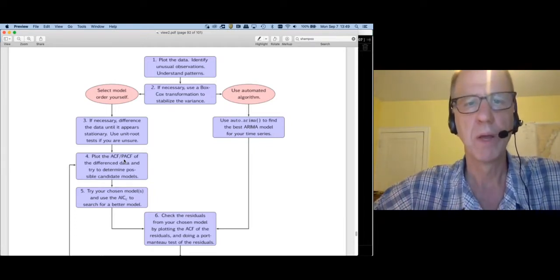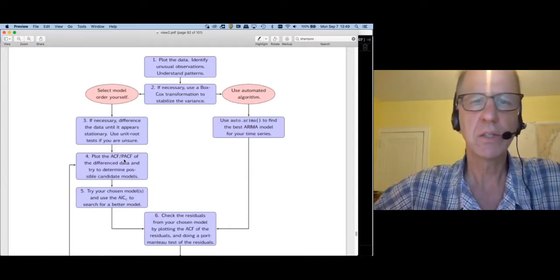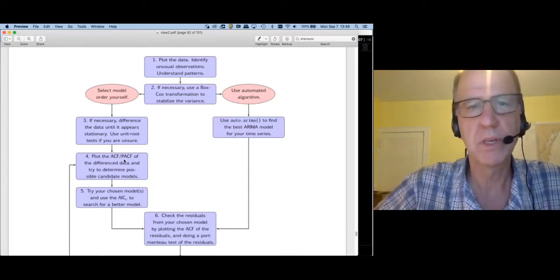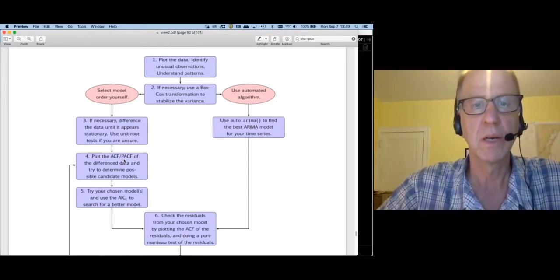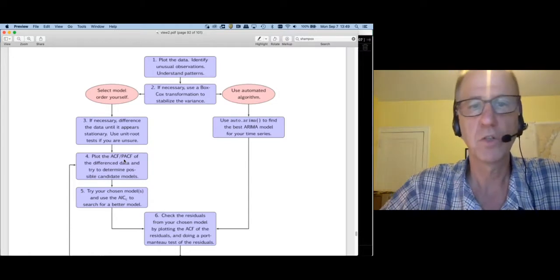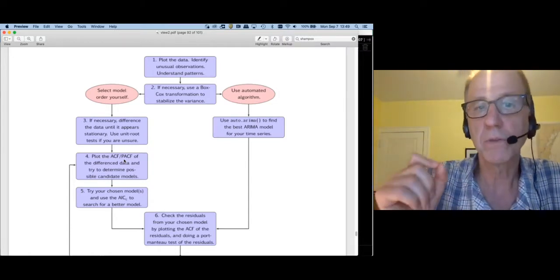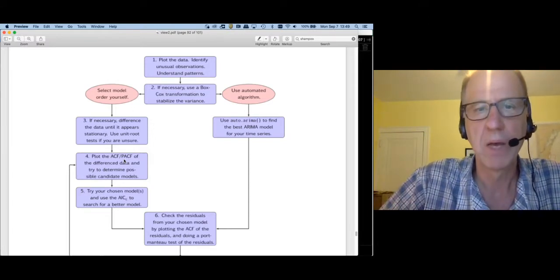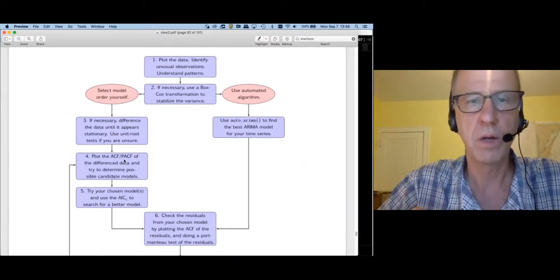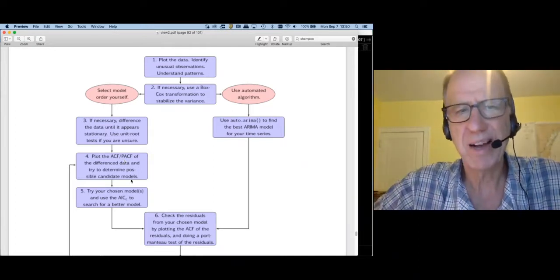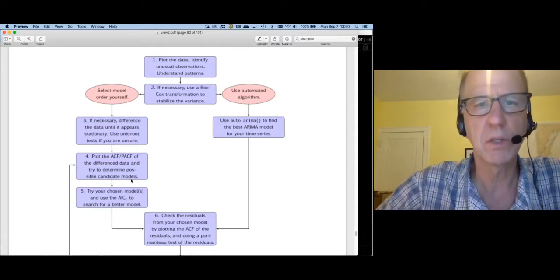So remember, if we have an ACF plot that declines geometrically with the number of lags, that's a signal that we need some sort of autoregressive terms in our model. If we look at the partial autocorrelation plot and only the first one is significant, that's a signal we need an autoregressive model of order 1. Having looked at these plots, that's going to give us some sense of what we should choose for P and Q.